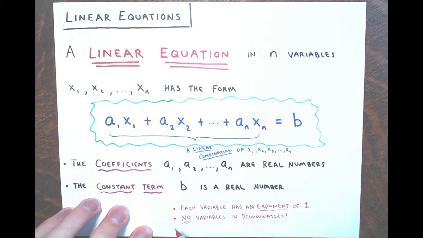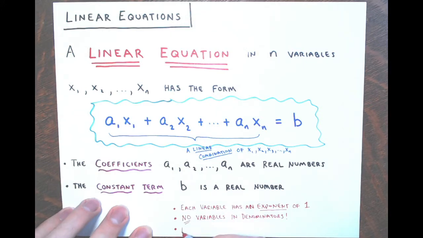Another thing to notice is that there are no special symbols around the variables. So there's no roots like square root, cube root of a variable. There's no variables in exponents. There's no absolute value around a variable. There's no logarithms around a variable.